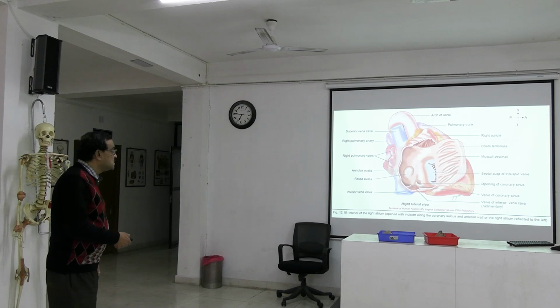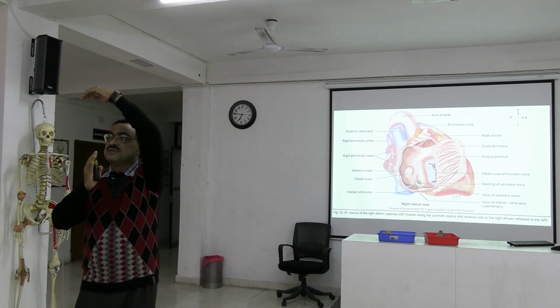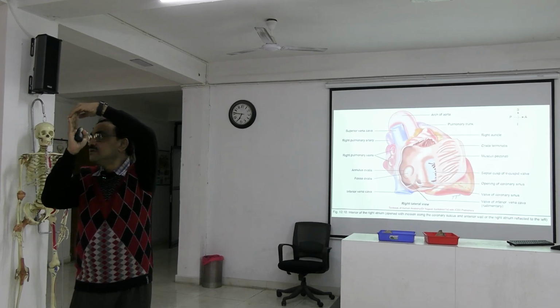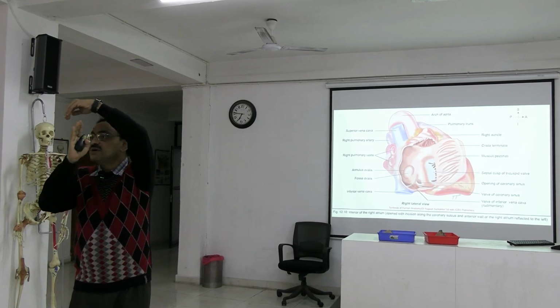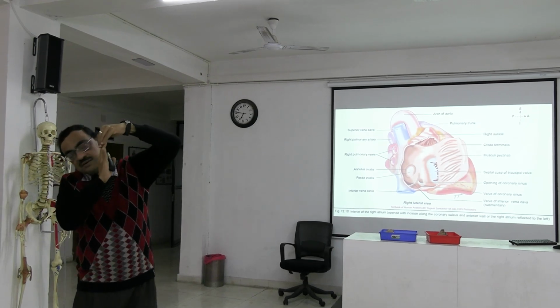This limbus develops from the septum secundum, and this develops from the septum primum. There are two septa. This is septum secundum. This is septum primum. So this is the limbus fossa ovalis, and this forms the fossa ovalis.